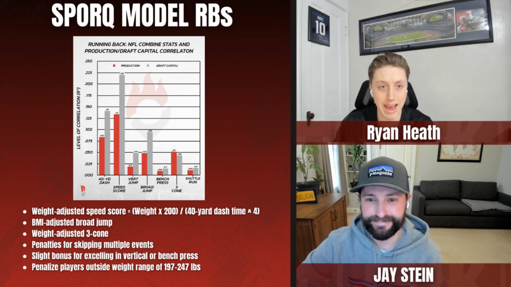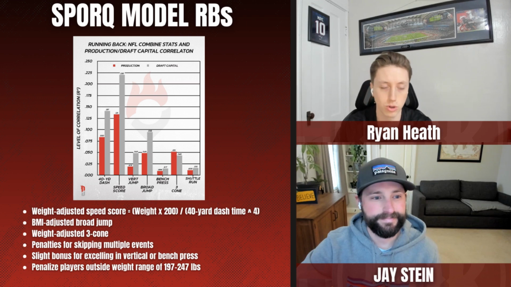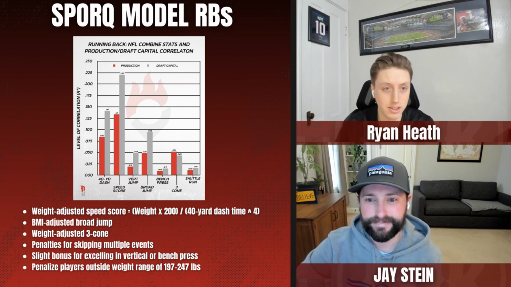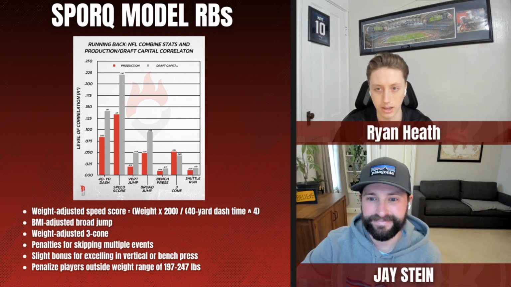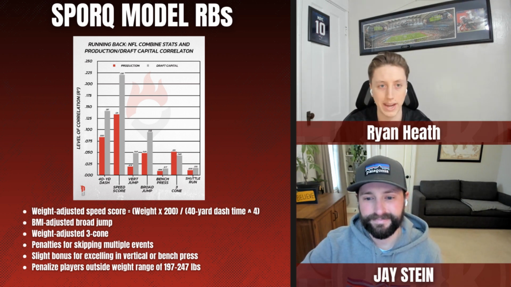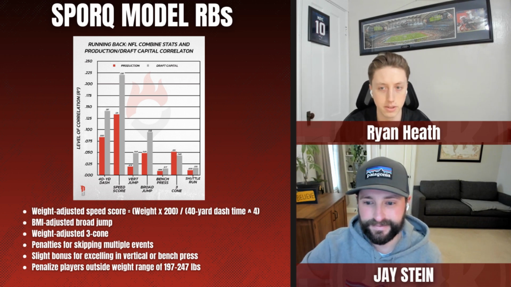After that, the broad jump is relatively predictive. I found personally that also adjusting it for BMI would improve the predictiveness even further, so that's what I did within the Sporq model. And finally, the 3-cone is, as you can see on the screen, third most predictive, and again, adjusting that for weight would also improve the predictiveness. So those are the three main variables in the model.